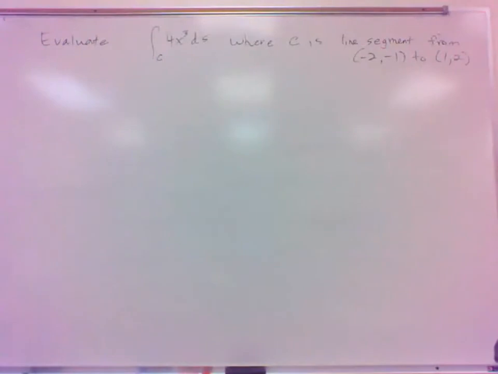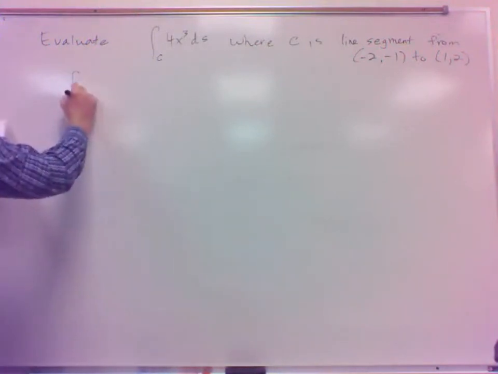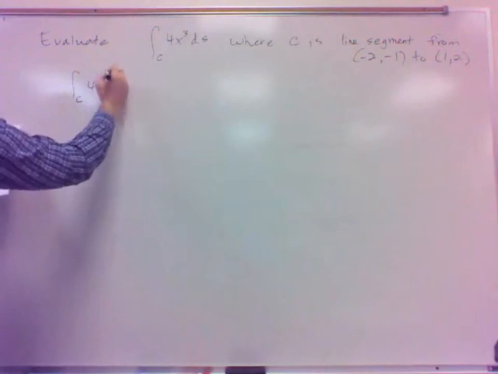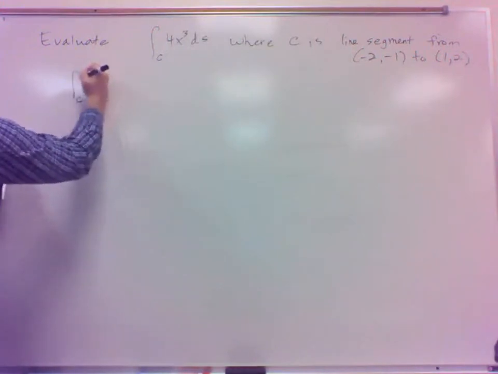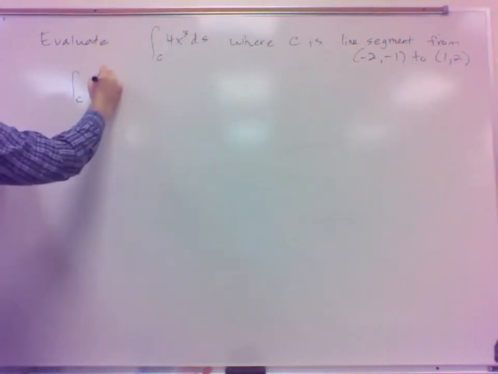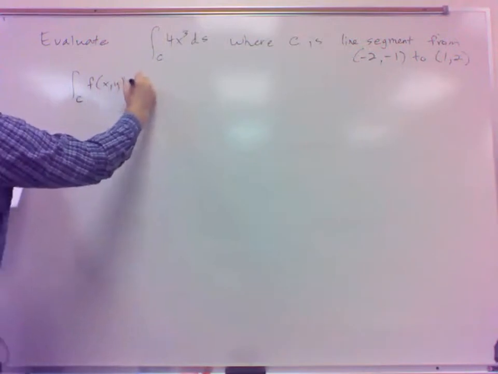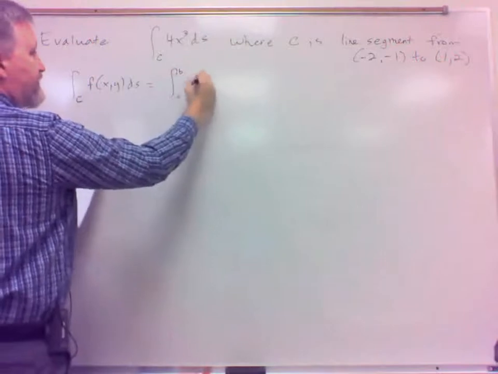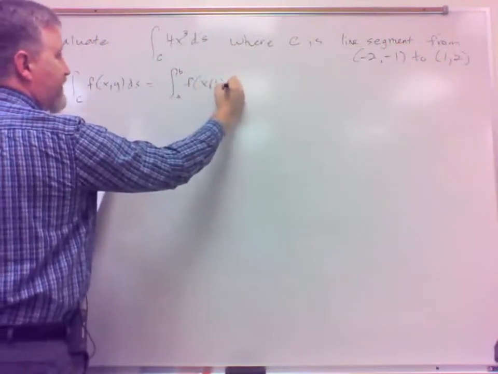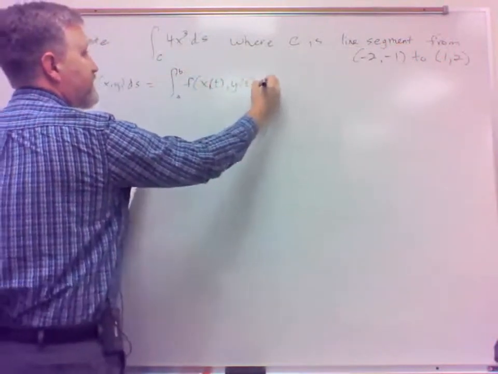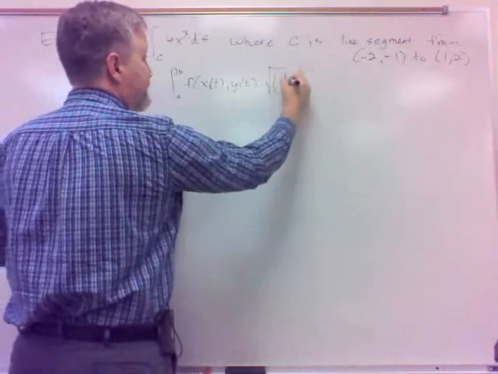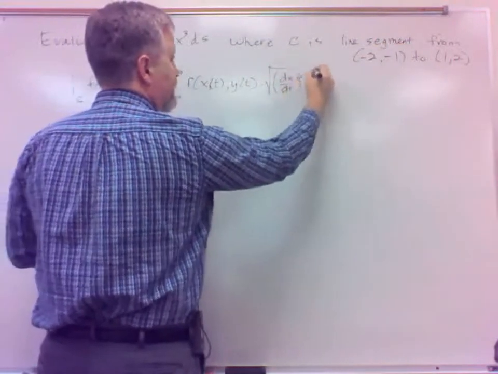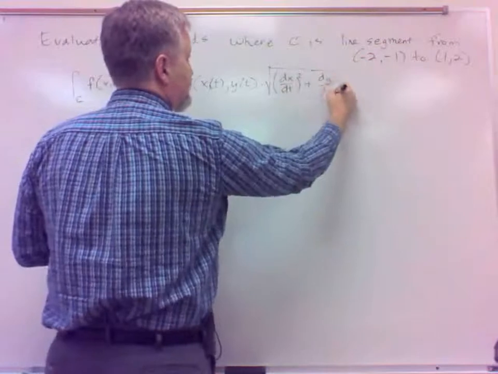Okay, so as we recall, just a reminder, if we have f of x, y ds, that's going to be equal to the integral from a to b of f of x of t, y of t, times the square root of the derivatives squared added together, dt.